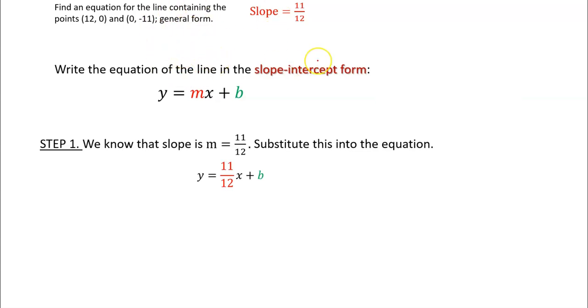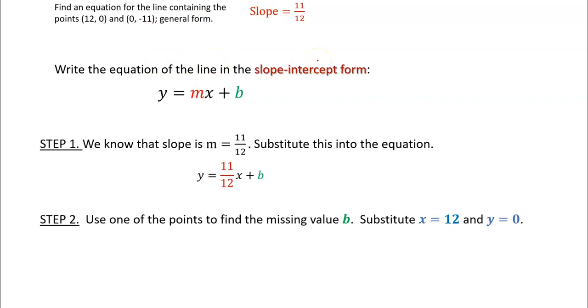So b is unknown. We should solve for b using one of the points on the line. You can arbitrarily choose any point. Let's choose the first point, which has x coordinate of 12 and y coordinate of 0. We substitute y is equal to 0 and x is equal to 12 and solve for b.